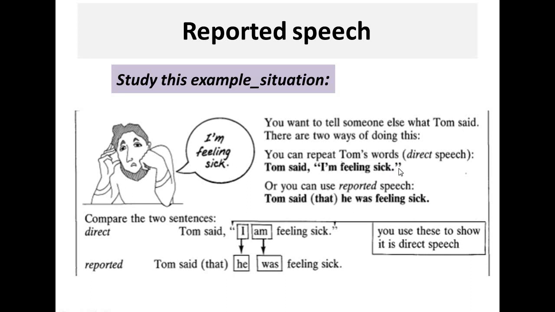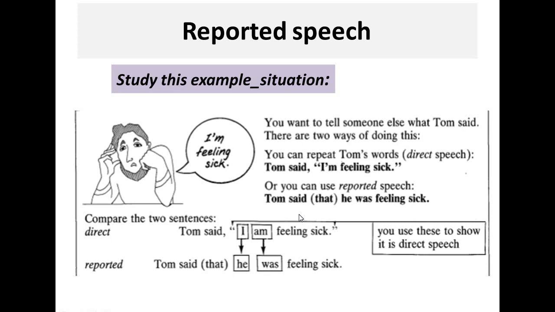Punctuation is very important. So we put Tom said, the person to whom these words belong, then a comma, quotation marks, then I'm feeling sick, closing quotation marks and a full stop.